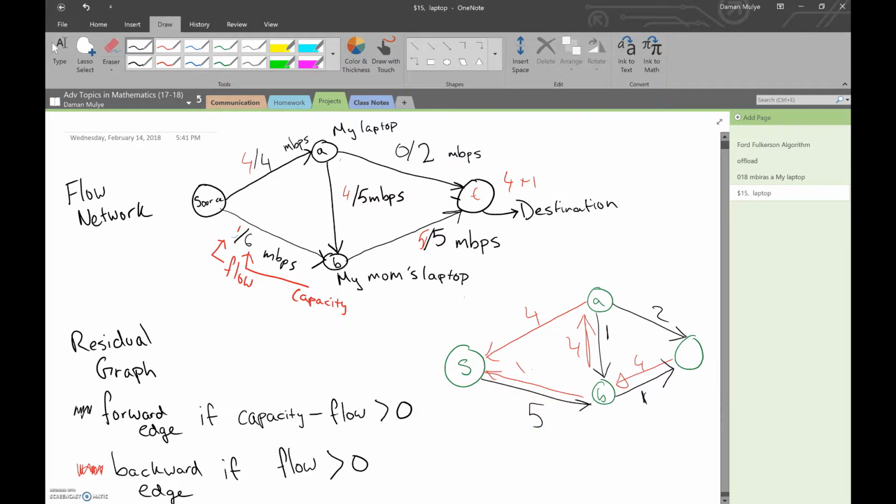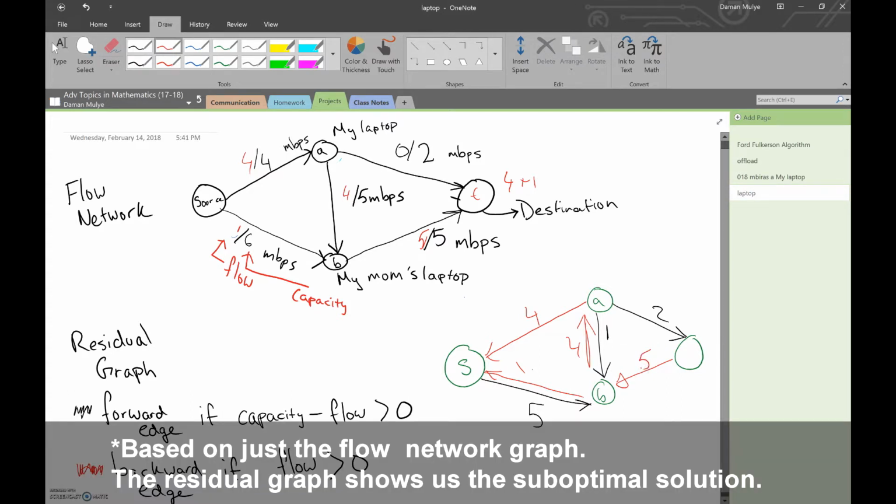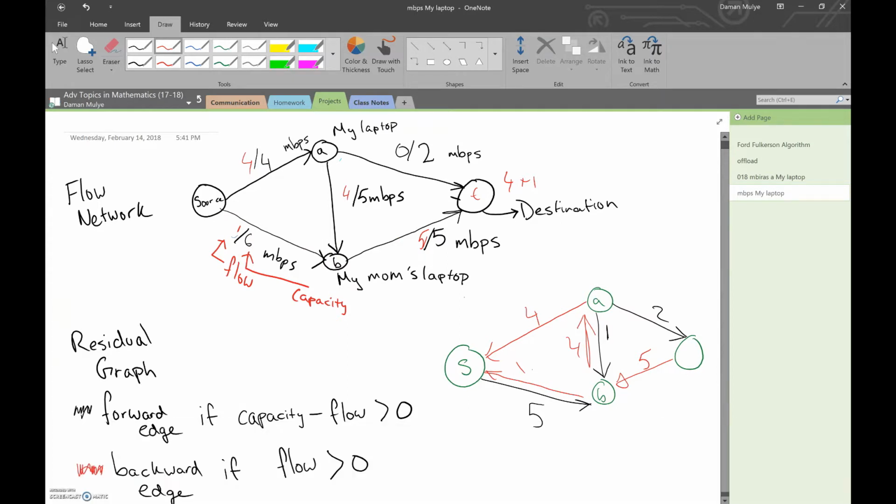Send 5, and this one is going to be 5. So based on both the residual graph and the flow network, it appears that there's no path in which I can send more data to the destination. And so it appears as if the maximum flow in this network is 5, but this is not entirely true.